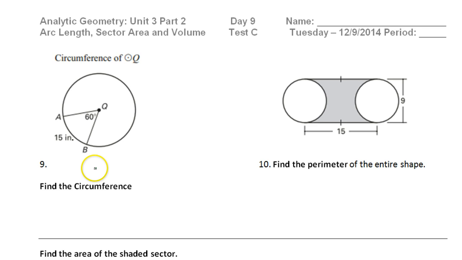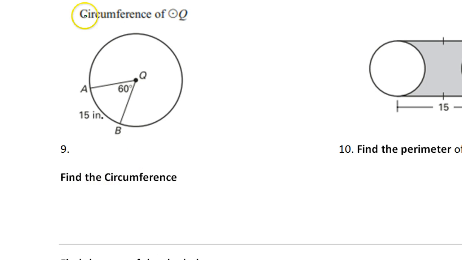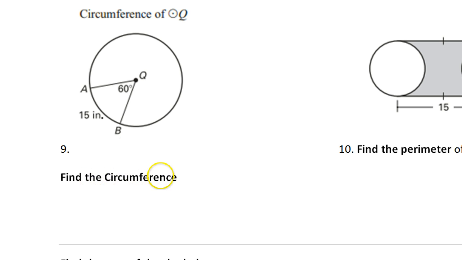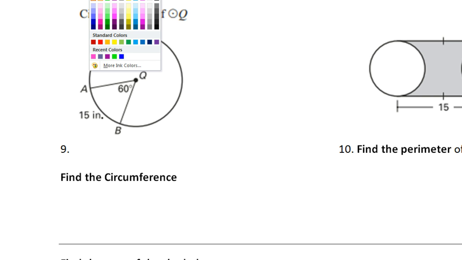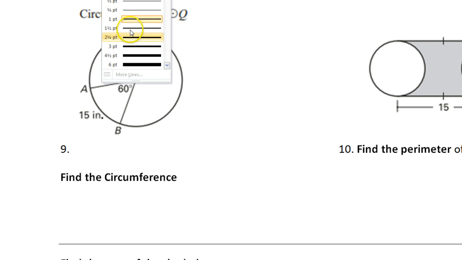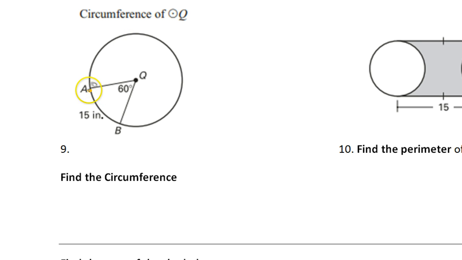Okay, number 9. This one is interesting because we are supposed to find the circumference. But what we are given, this 15, what does this represent? I'm asking good questions today. This 15 represents this arc length right here, arc length AB.